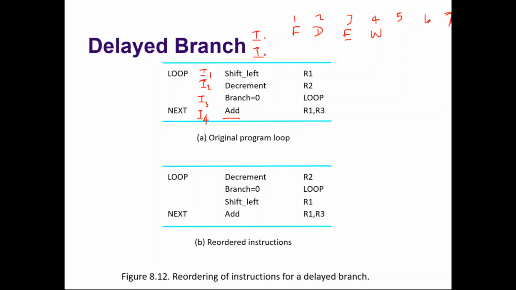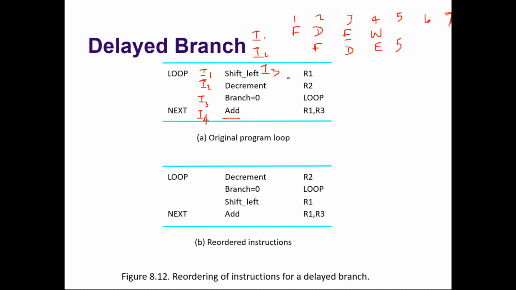Instruction 2 is fetched during the second, decoded during the third, executed during the fourth, written back during the fifth clock cycle. Okay. Instruction 3, this is a conditional branch instruction.